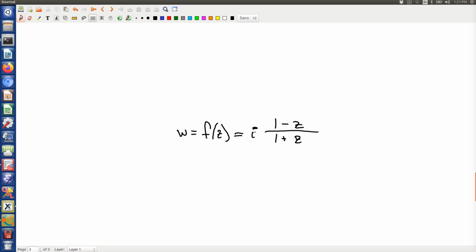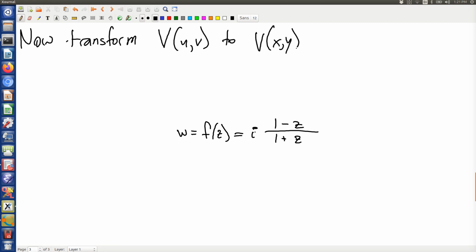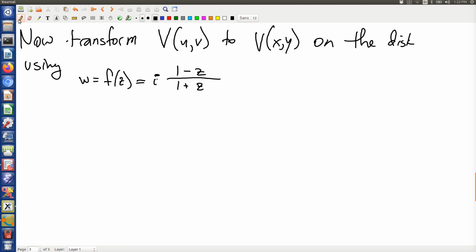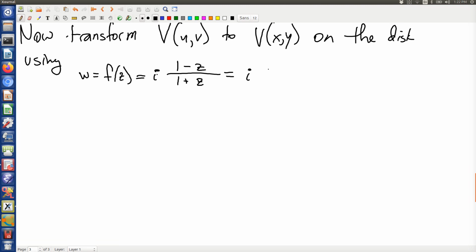So now, using our Mobius transformation, let's rewrite it using x and y coordinates and pick out the real and imaginary components, i.e. the x and the y's.